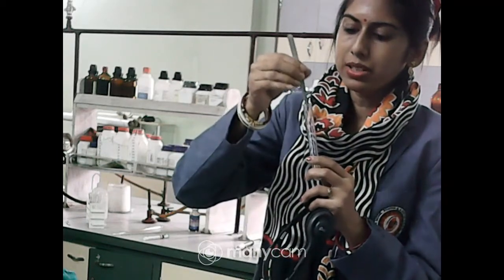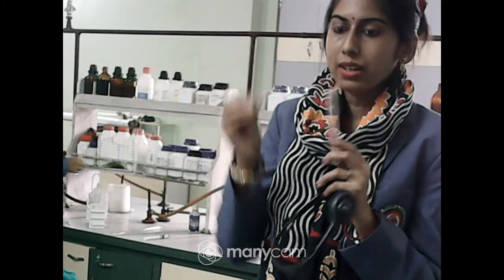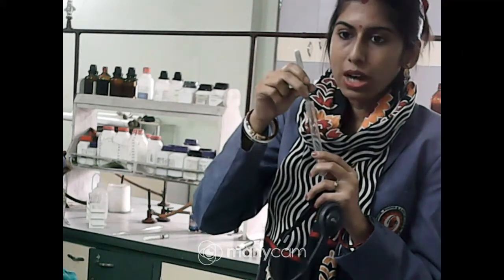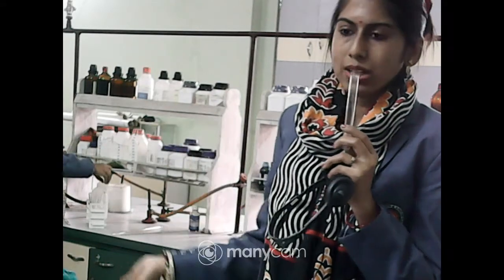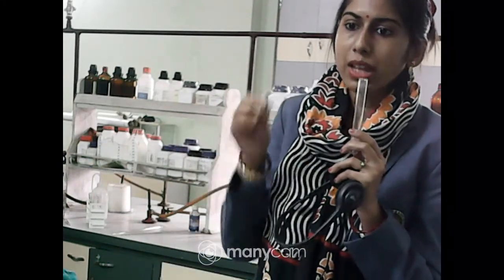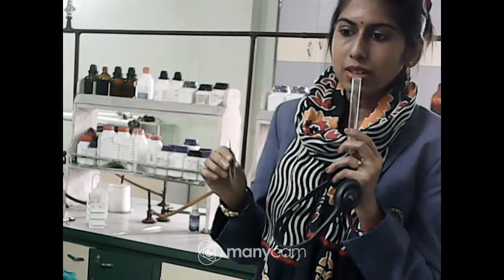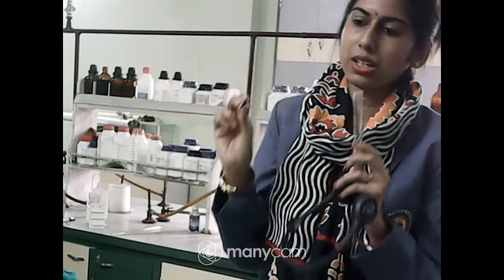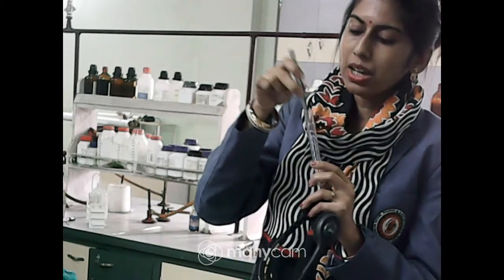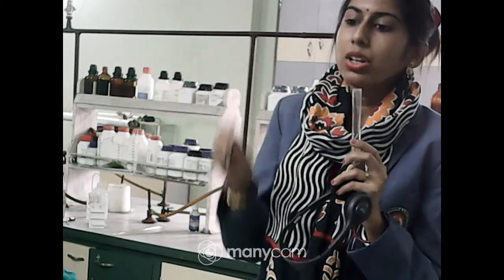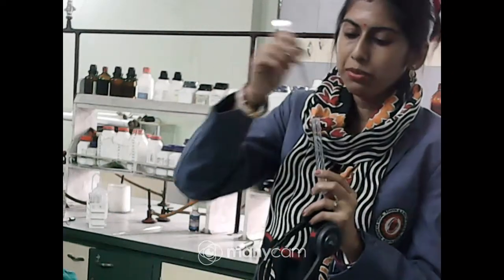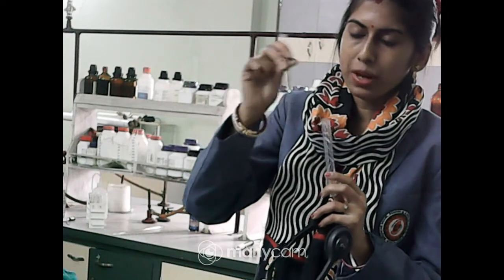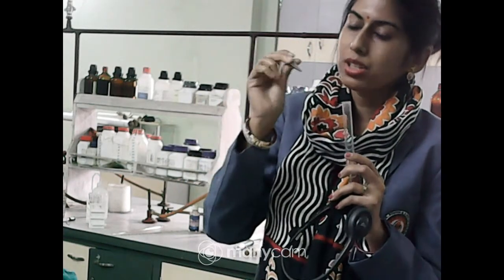But whenever you are inserting it, don't forget that if the forceps touches the water, and then for the second water sample you use the same forceps, will you get the appropriate result? No, because you are contaminating it. So if you contaminate the forceps, you have to wash it again and then use it for the different water sample. It will be better if you hold the pH paper properly so that the forceps will not touch the water.